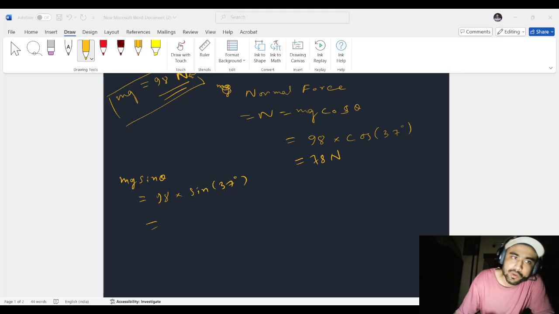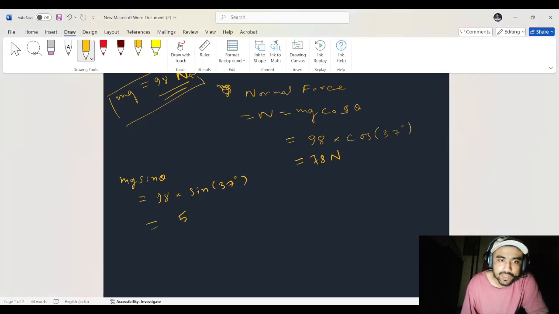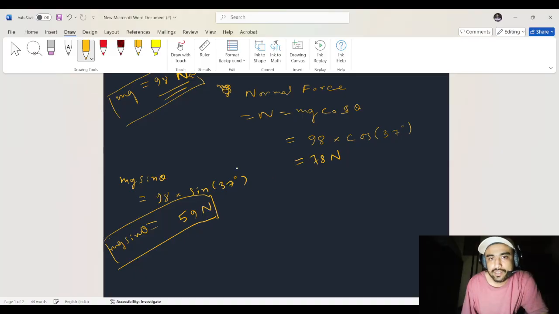The value of sine 37 degrees is basically 0.6018, something like that, multiplied with 98. That will be 58.97. So approximately we can write 59 Newton. So mg sin theta is basically 59 Newton, and mg cos theta is equal to 78 Newton.